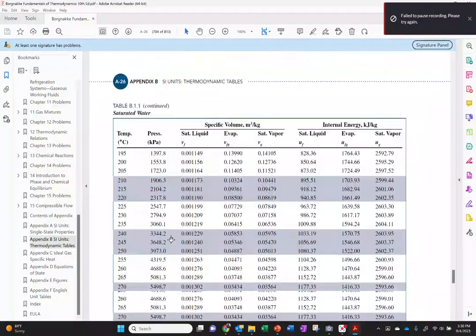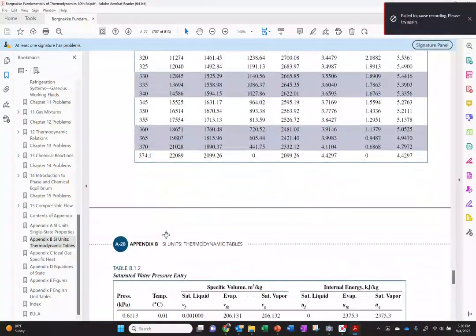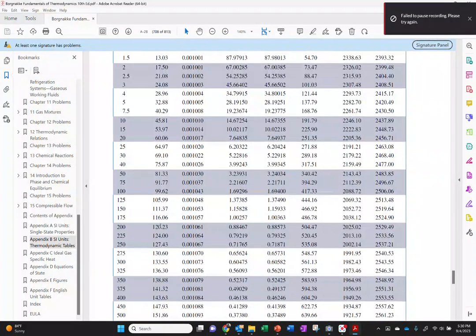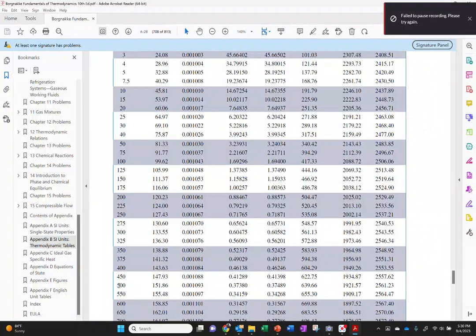But let's go down to B.1.2 right here. Okay, so there's B.1.2, and we go to 500 right there. And sure enough, the temperature is 151.86.